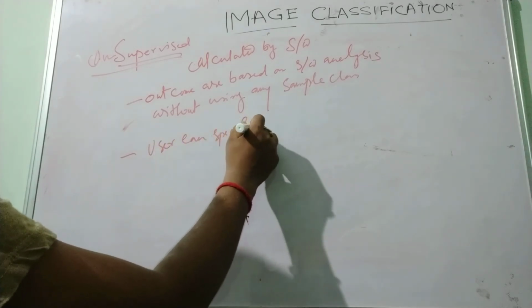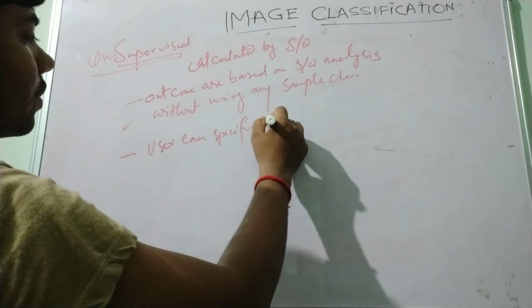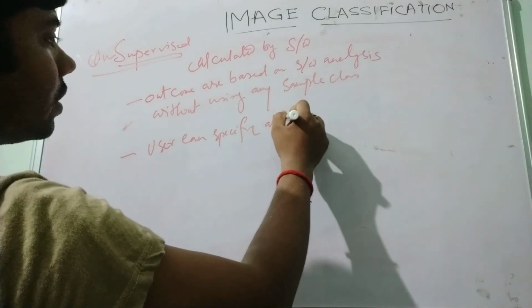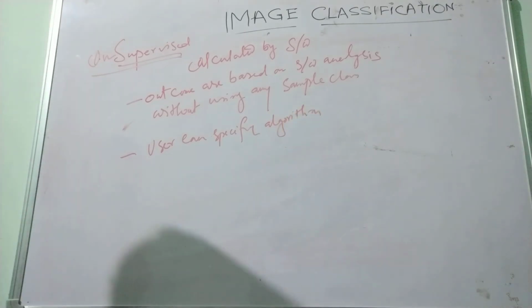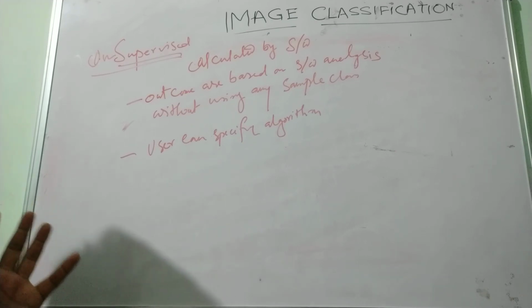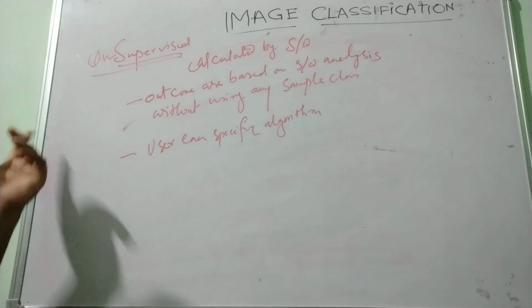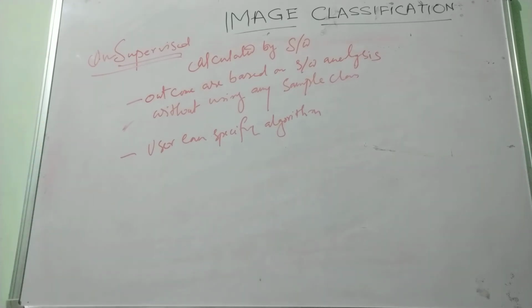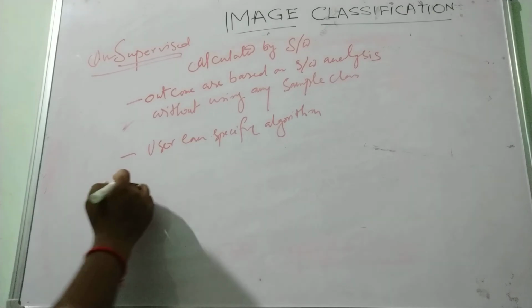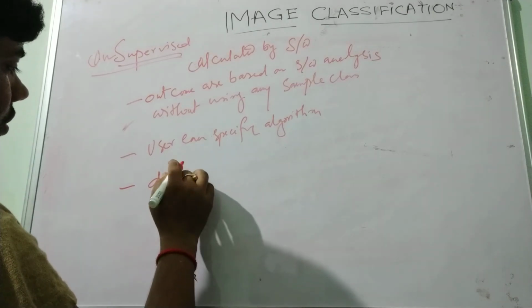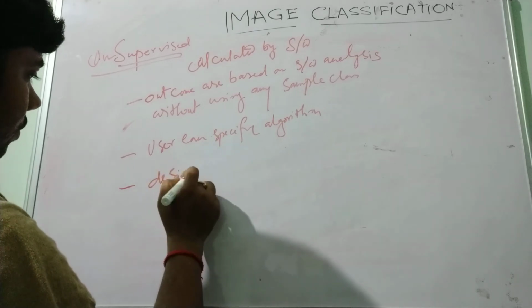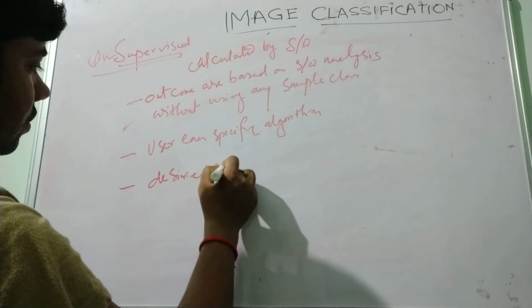Several algorithms are used, like ISODATA and K-means clustering. These are the most important classification algorithms used in the unsupervised classification technique. The desired number of output classes can also be defined, such as 20 classes or 50 classes.